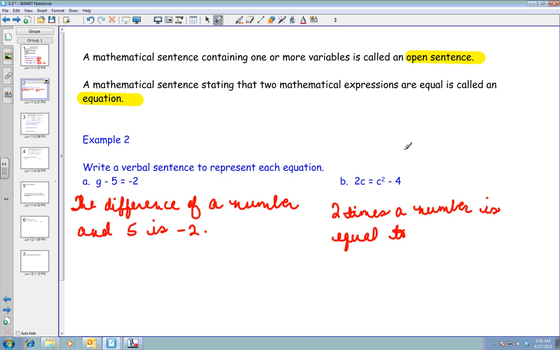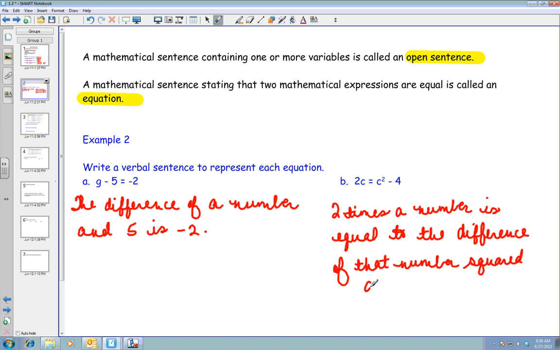This is subtraction again, so I could go ahead and use the difference of, and how do we want to say this? That number squared, since it's c squared, of that number squared and 4.